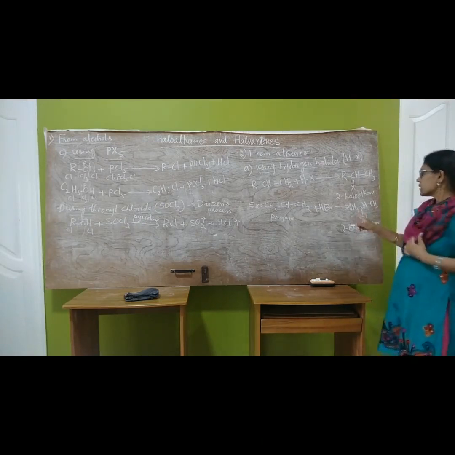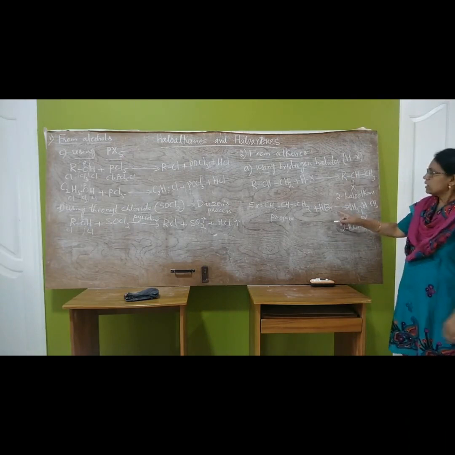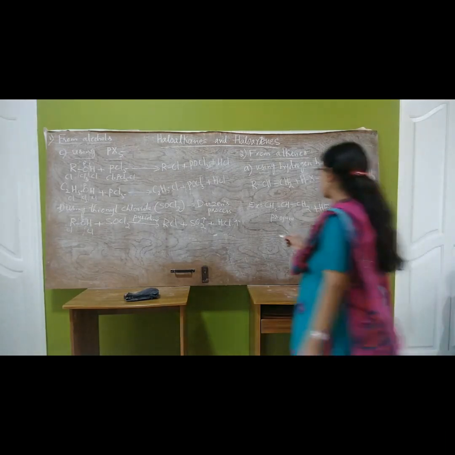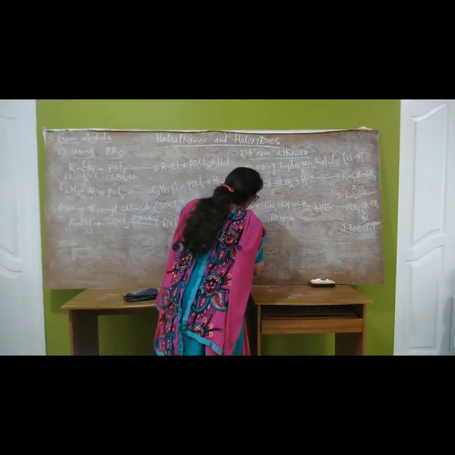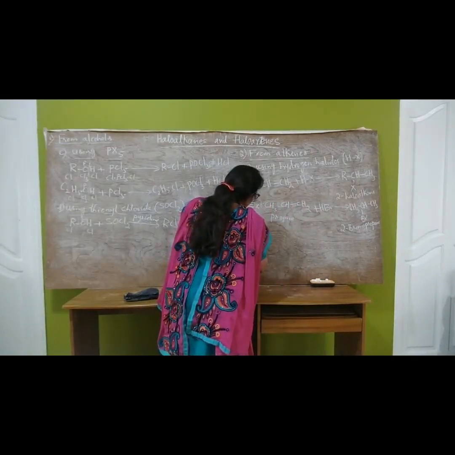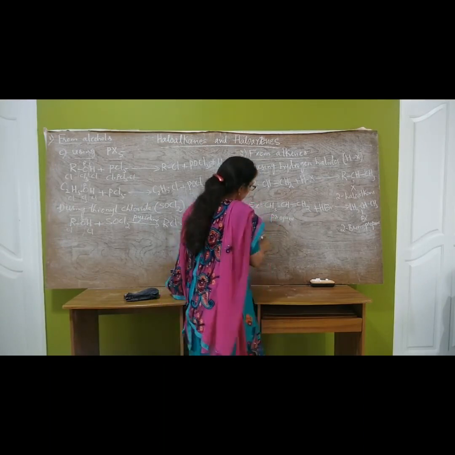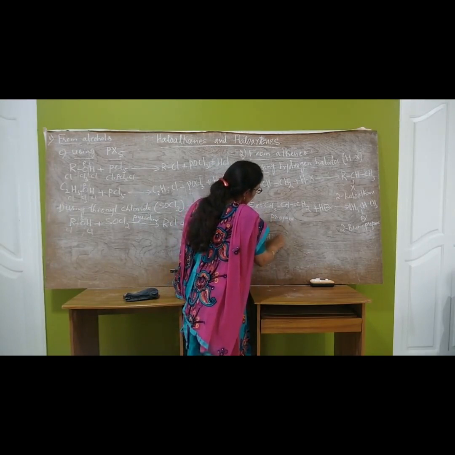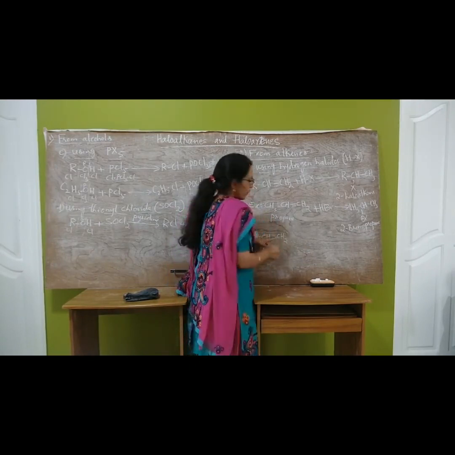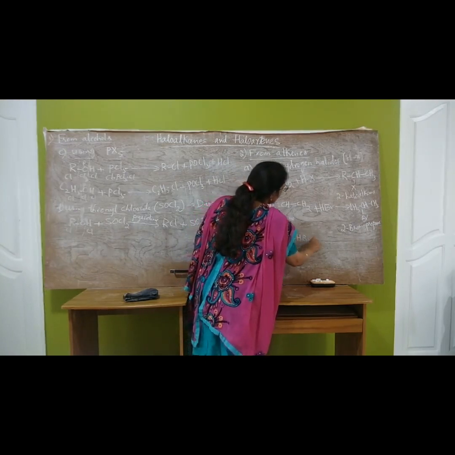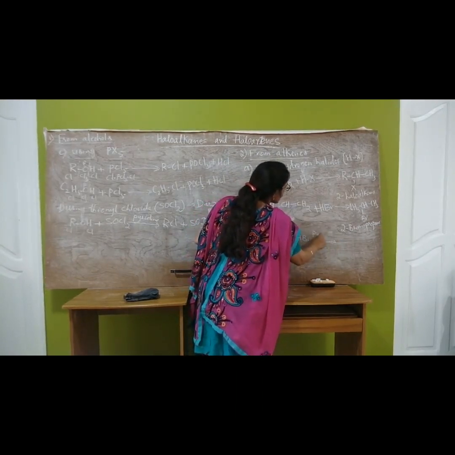But when the addition takes place in the presence of peroxide, let us take propene, CH3-CH=CH2, when treated with HBr in the presence of peroxide.